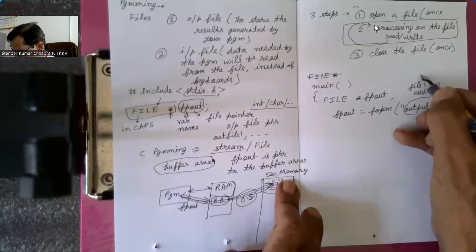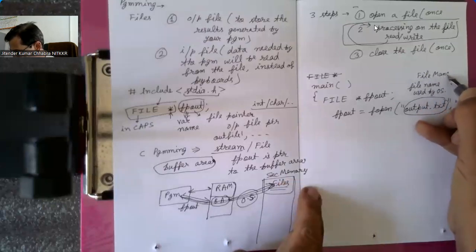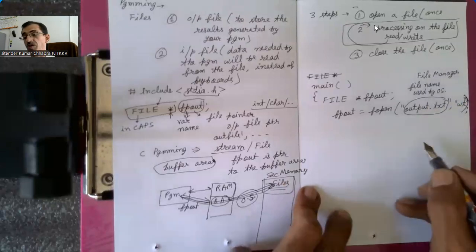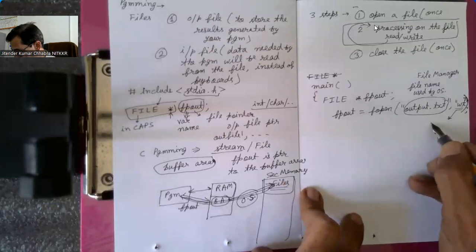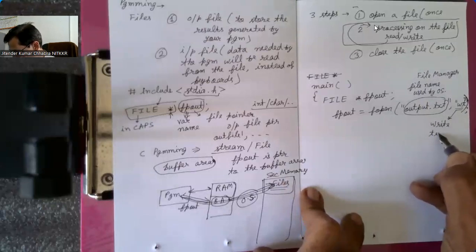So in your browser or file manager, you will see ultimately this file to be named as output.txt. WT, here W means write and T means text.